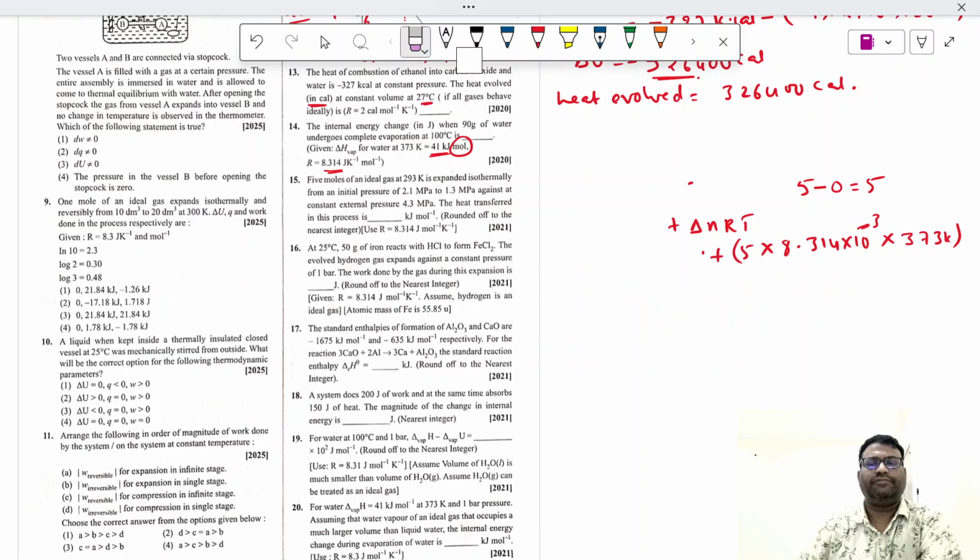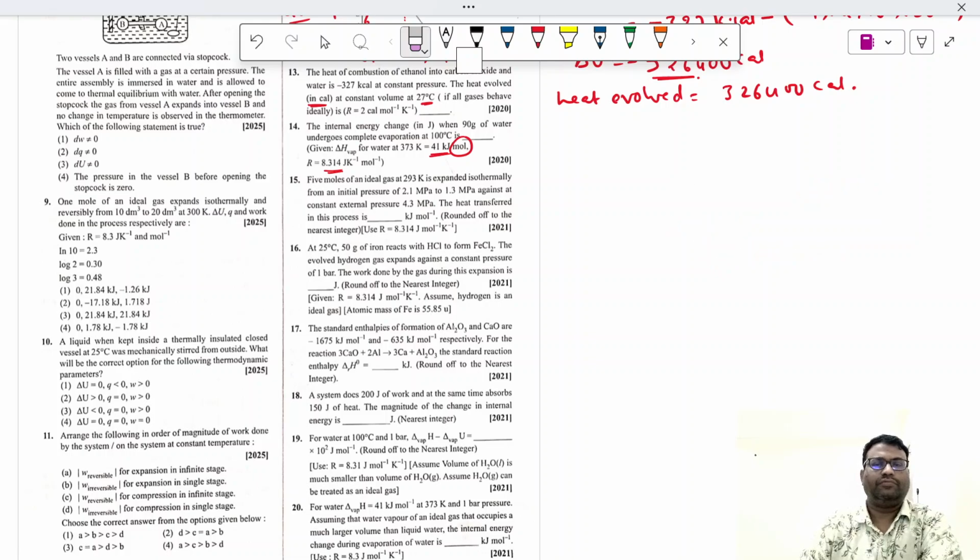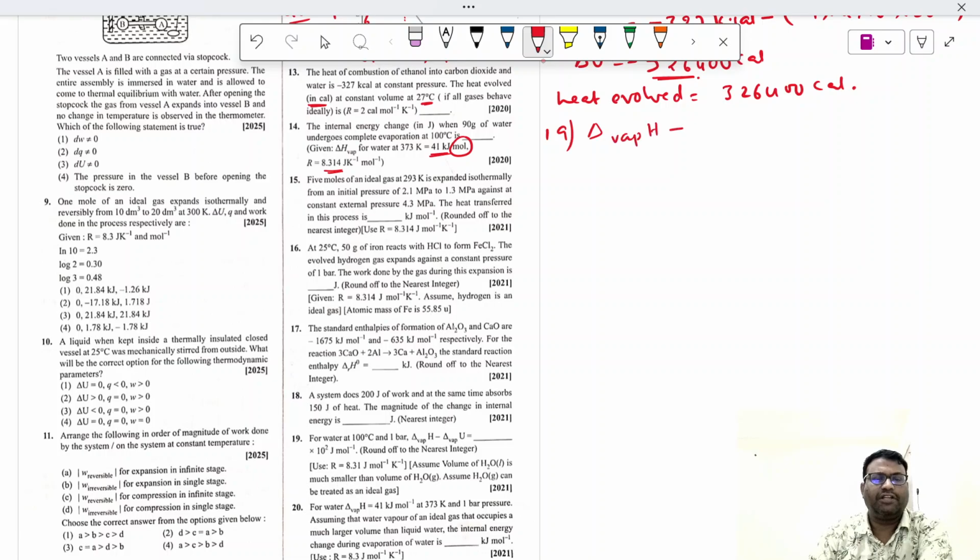For water at 100 degrees centigrade and 1 bar, delta vaporization H minus delta vaporization U. Delta H minus delta U is asked.